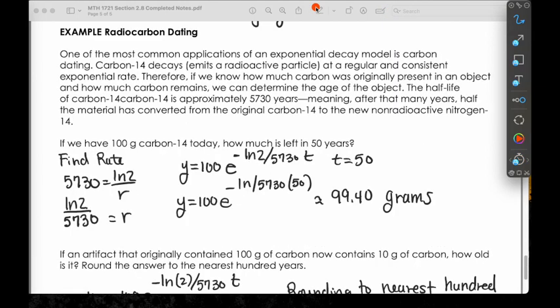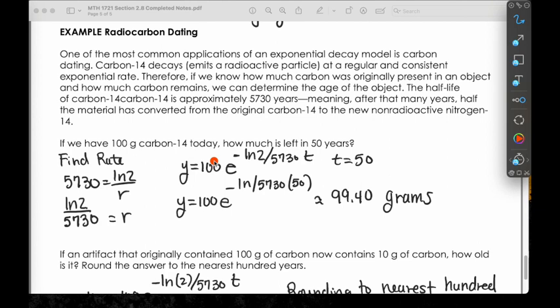So let's look at our example for half-life. It says one of the most common applications of an exponential decay model is carbon dating. Carbon-14 decays at a regular and constant exponential rate, and therefore, if we know how much carbon was originally present in an object, and we know how much carbon remains, we can determine the age of the object.